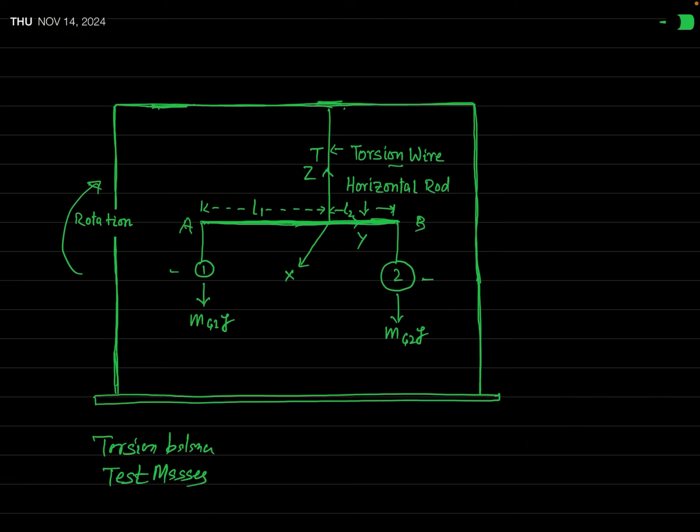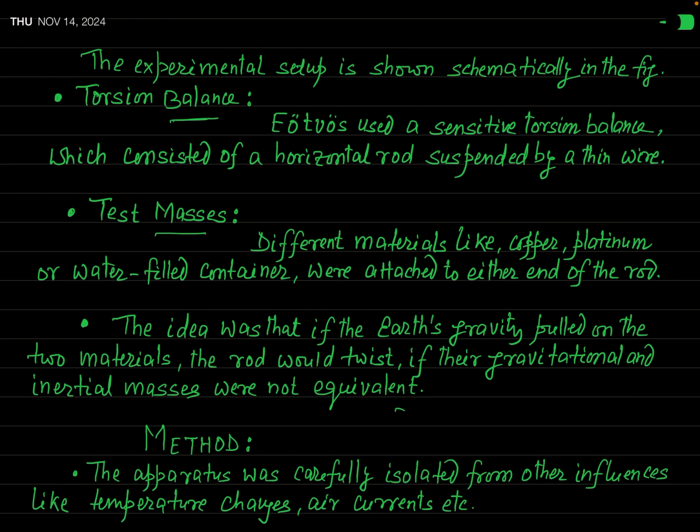What was the reason for measuring this torque? In fact, Eotvos was looking for a difference in the gravitational acceleration acting on the materials. But surprisingly, he observed that there is no measurable difference in the acceleration of the test masses. The acceleration of both test masses was found equal.